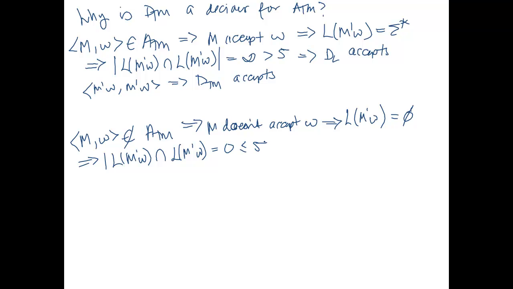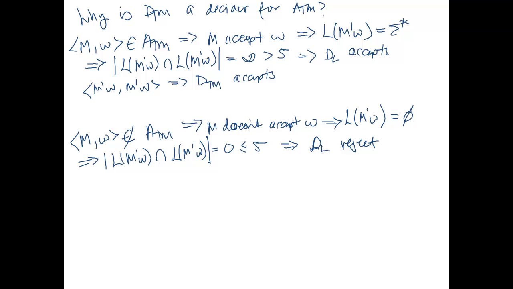Okay, which means that our decider for language L is going to reject. Again, we're assuming the existence of DL, we're assuming it's a decider, and we are assuming that it decides the language L. So this string, where the size of the intersection of these 2 languages is less than or equal to 5, DL is going to reject it.